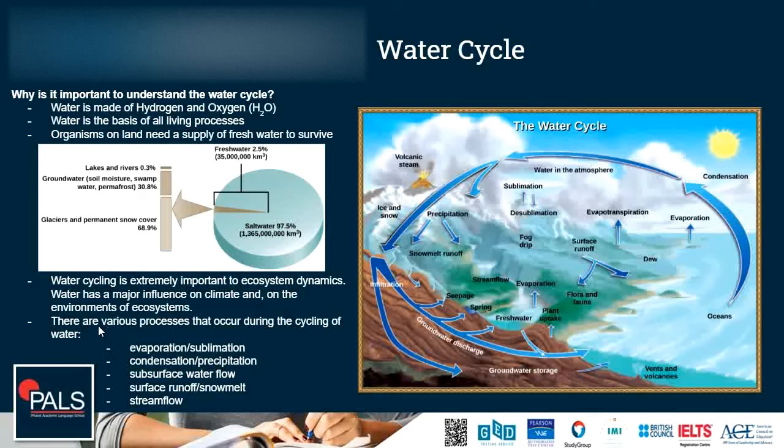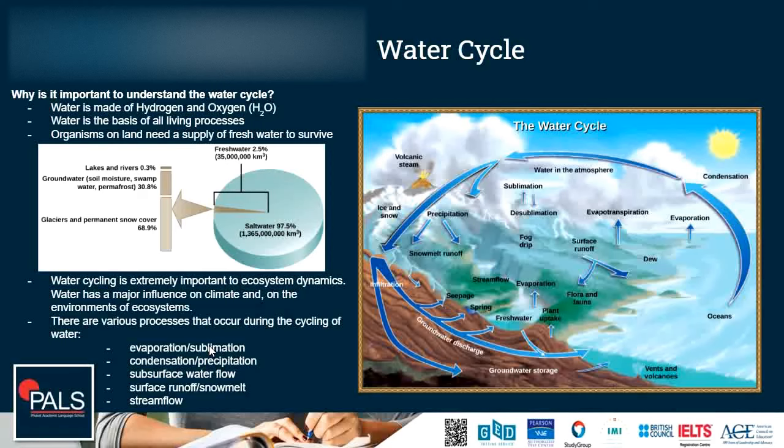With the water, it's mainly changes of state, phase changes. So we have evaporation or sublimation of water, which is evaporation, liquid water turning to water vapor, sublimation, ice, solid water turning directly to water vapor.